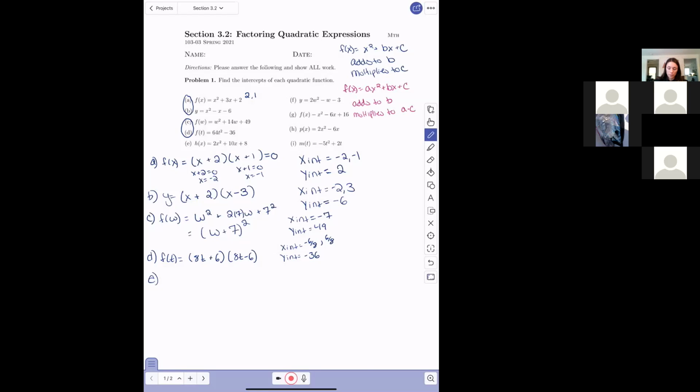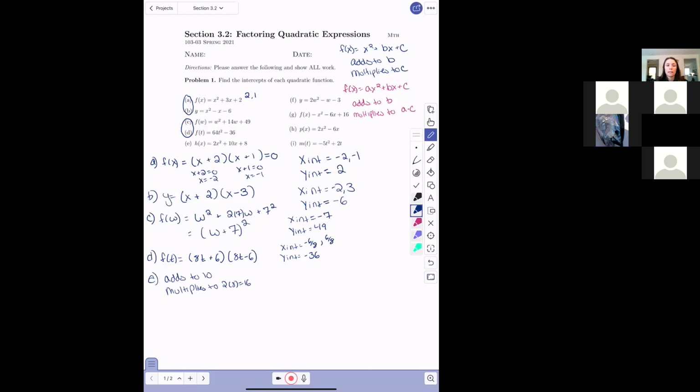So in this case, for part E, we want something that adds to 10 and multiplies to 2 times 8, which is equal to 16.